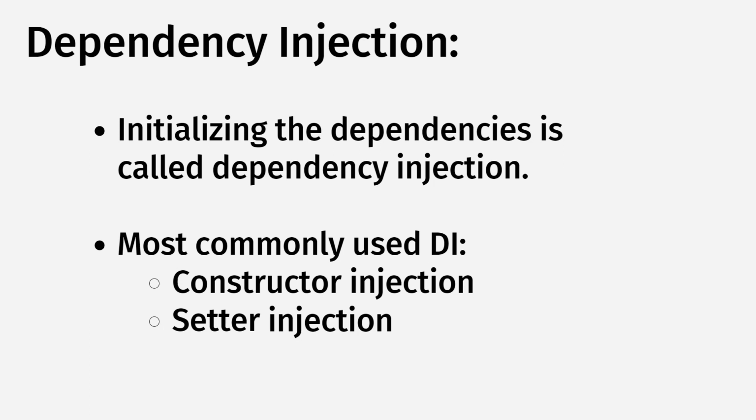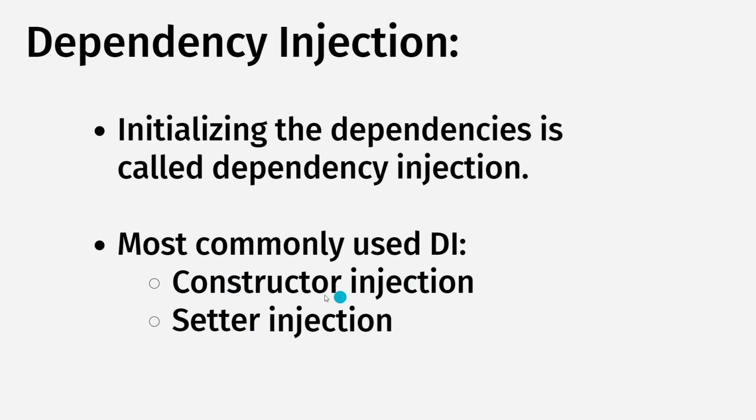This dependency injection can be achieved in various ways, and there are two most common ways used in Spring. The first is constructor injection, and the second is setter injection.